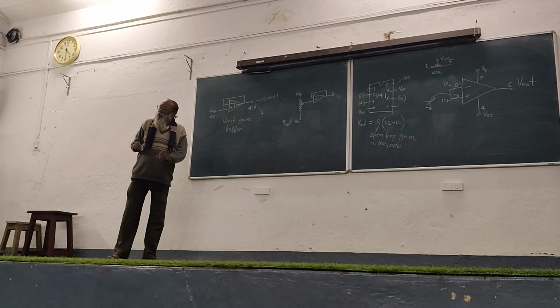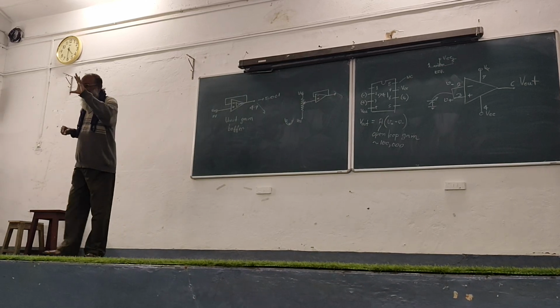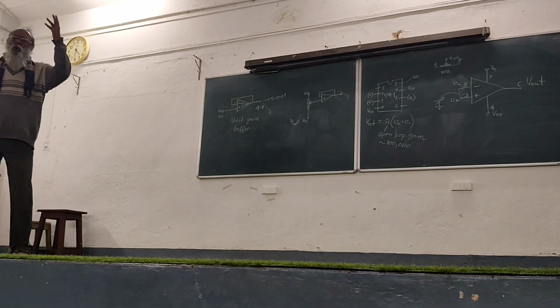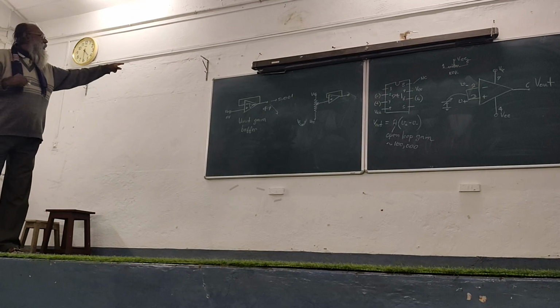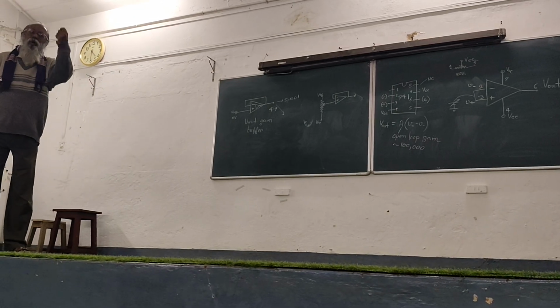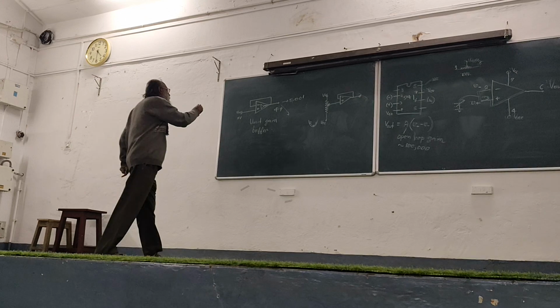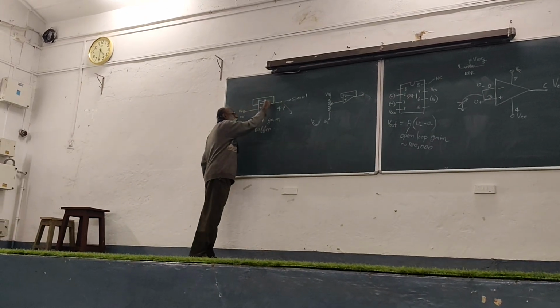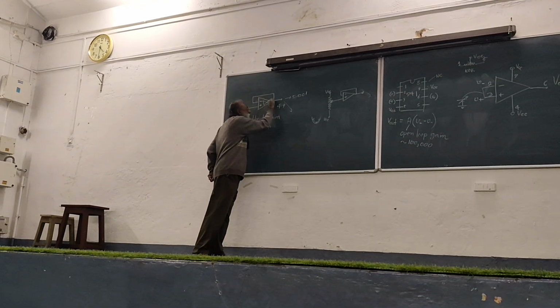Whether it is drawing some current or not doesn't really matter, because whatever happens, the feedback will see to it that this voltage changes in such a manner as to keep the voltage here the same.